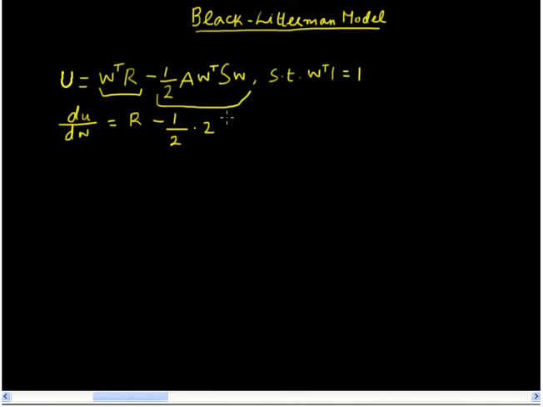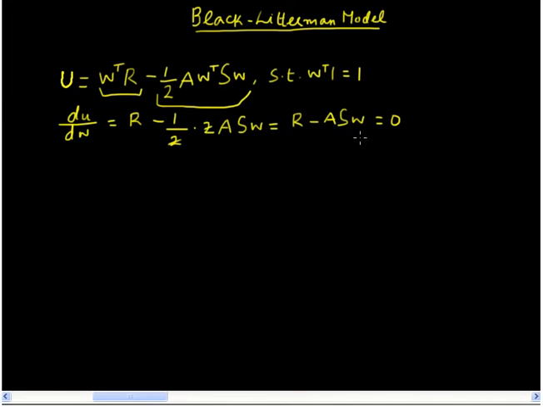So 2 times the risk aversion parameter A times the variance covariance matrix S times W. So this 2 is going to cancel out with this, and we are going to have here R minus the risk aversion parameter times the variance covariance matrix times W. In order to maximize the utility, we set the derivative equal to 0.